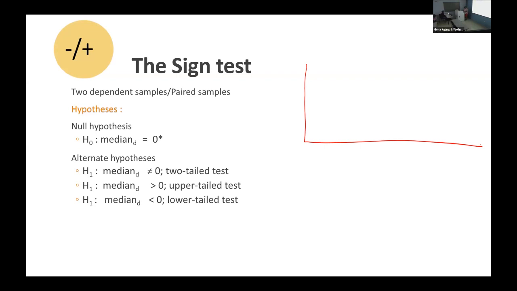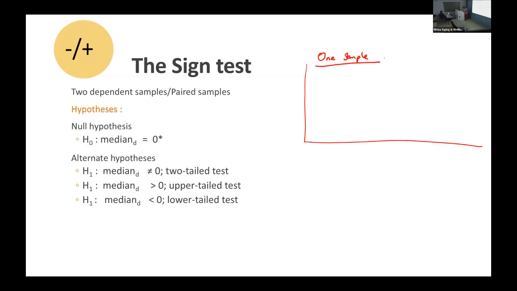So for this one, this is just FYI, you don't really need to know it, because what I want to show you is for paired samples, but this is just so you know, in case you ever need to do it.